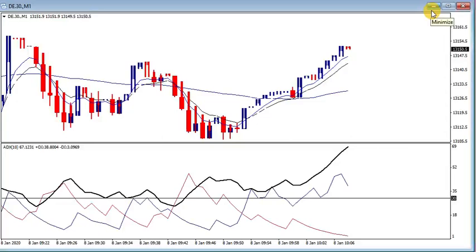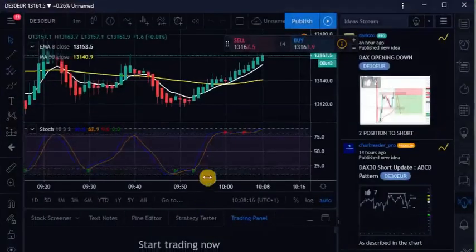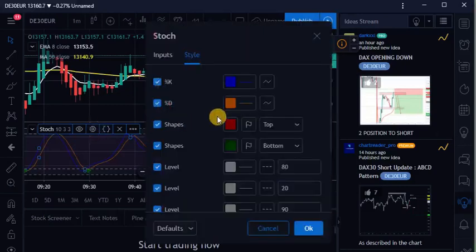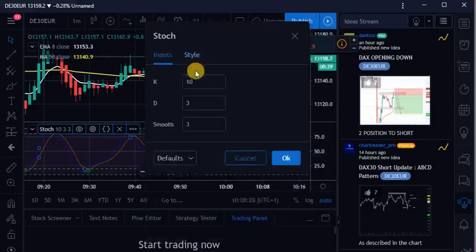Now this was the time of stochastic ADX, but now there is something I discovered that is very simple and reliable and far better. I use TradingView, and that is the stochastic. That is it here. Inputs, so it is 14 3 3.